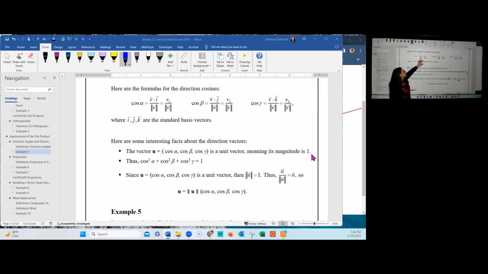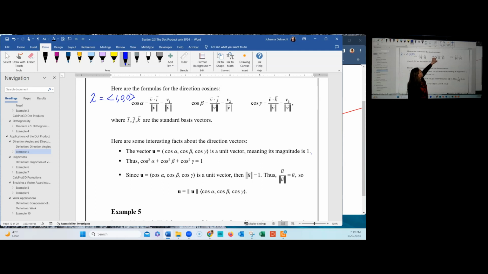That's why you don't see the magnitude of it down here. So it basically just gives us v1 over the magnitude of vector v, because i hat is 1, 0, 0 in 3 dimensions. Any other components cancel out, and I just get the first component from vector v, which is v1, v2, v3, divided by the magnitude of vector v.